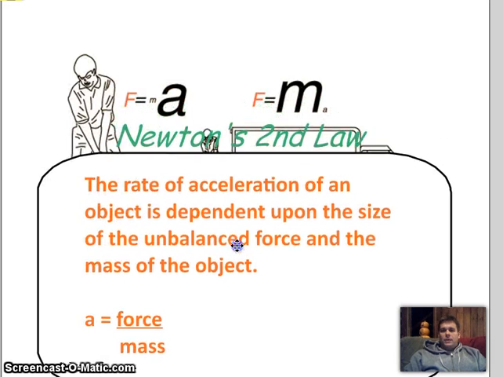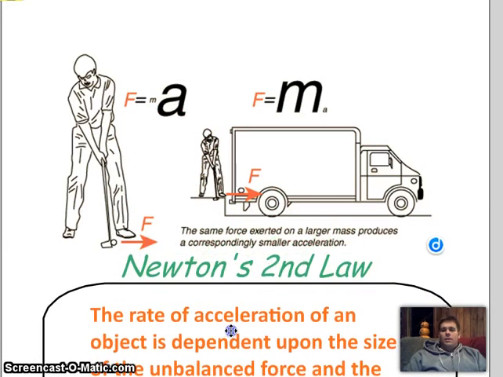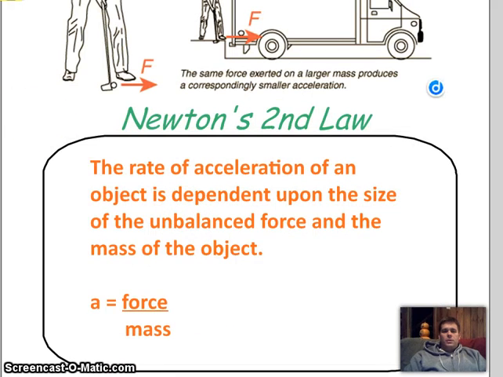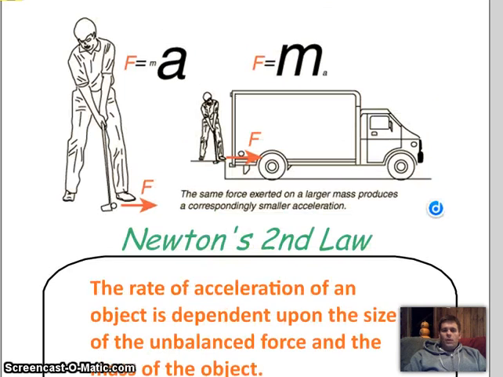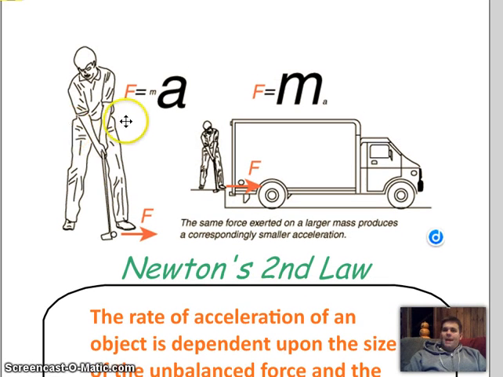So we want to illustrate that. Take a look at this drawing, which shows a person with a golf club. Imagine the size of the force that a person can put on a golf ball using a golf club. That force is illustrated here with the letter F. The person takes their swing and strikes the golf ball.